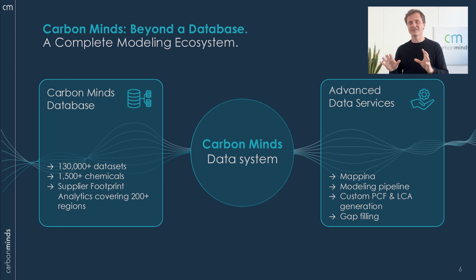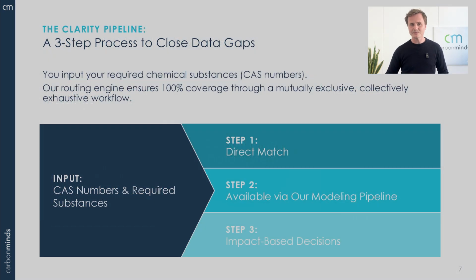If you now move to the other side, to the advanced data services, what does this mean? Well, it's a stepwise procedure to get as high as possible data coverage for your Scope 3 inventory. The first step is that we collect CAS numbers from you, from all the chemicals that you need for your Scope 3 reporting, and then we map them with our database. Yeah, very simple.